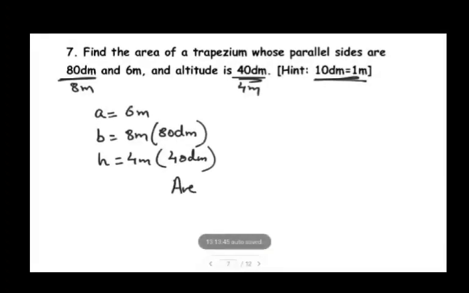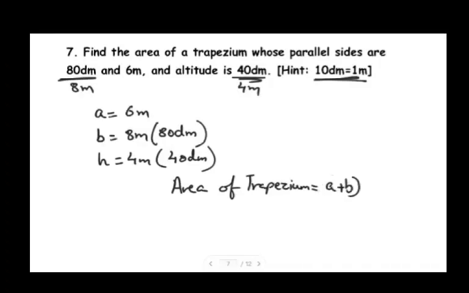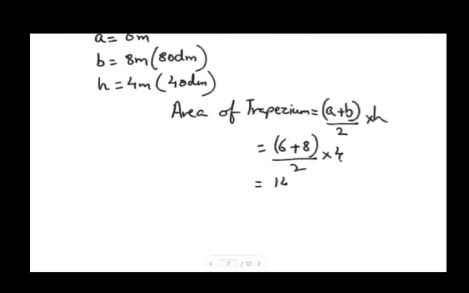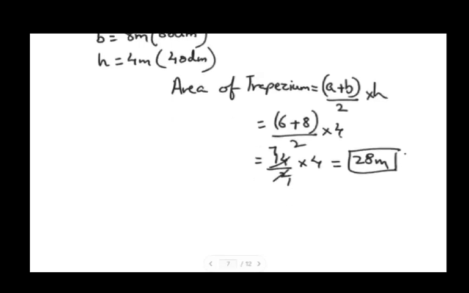Area of trapezium is equal to A plus B upon 2 into H, which is equal to shorter side 6 plus 8 upon 2 into 4. 14 upon 2 into 4. 2 ones are 2, 2 sevens are 14, into 4, 28 meters.